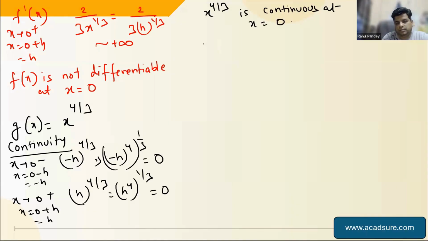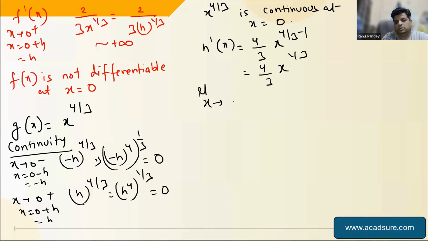Now let's check for differentiability. So g'(x) will be equal to 4/3 x^(4/3 - 1), which is 4/3 x^(1/3). Now for x tending to 0 minus, x = -h, for the left limit of differentiability we are checking: (-h)^(1/3), a very small negative number, power 1 by 3, again tending to 0.